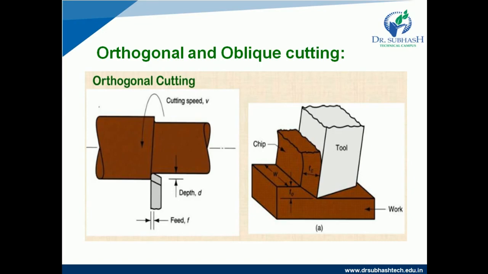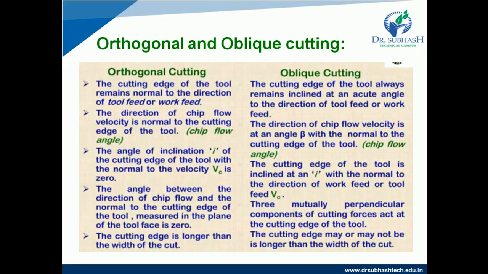We can say that the basic and main difference between orthogonal and oblique cutting is that in orthogonal cutting, the cutting edge of the tool is perpendicular to the direction of the motion, but in oblique cutting, the cutting edge makes an angle with the direction of the motion. You can see over here.